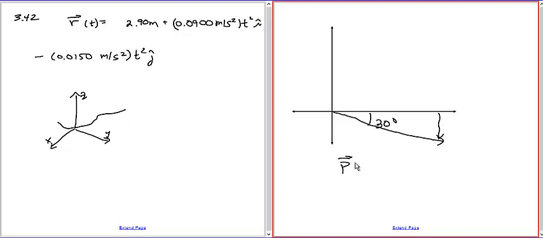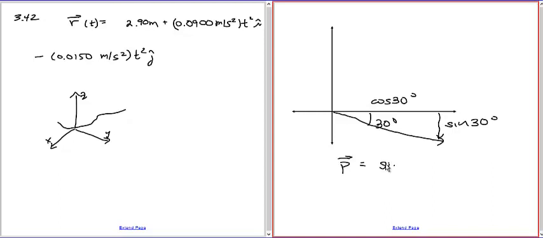And the p vector is not a function of t, it's constant. And if you think about it, this is the opposite side, so this is going to be the sine of 30 degrees. We don't have to multiply it by any kind of length, we just have to have the direction, and this is going to be the cosine of 30 degrees. This part's positive, but this part's negative.